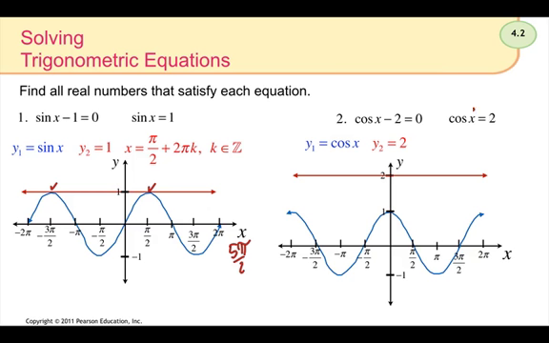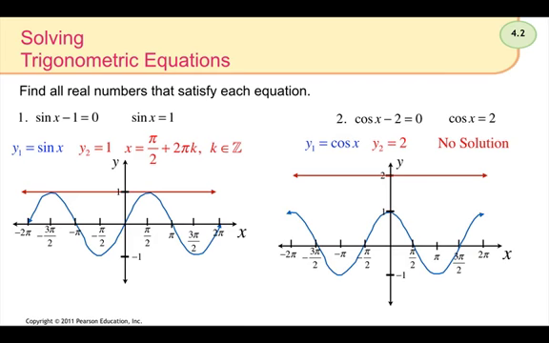Well, the cosine of an angle is never going to be greater than 1, so that's why there is no solution. If you think of the unit circle, but also if you just look at the graph, these two functions never intersect. So this is the answer to number 2, no solution.